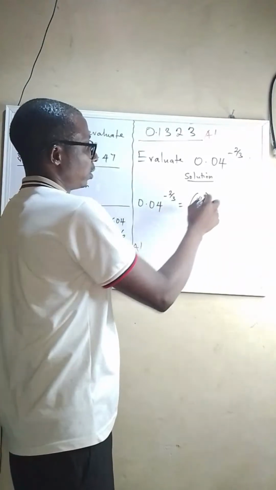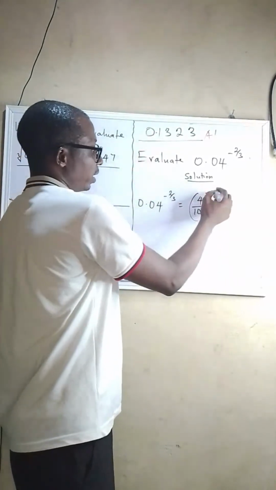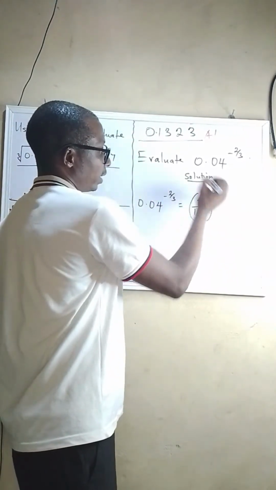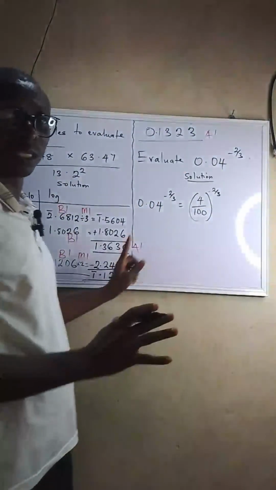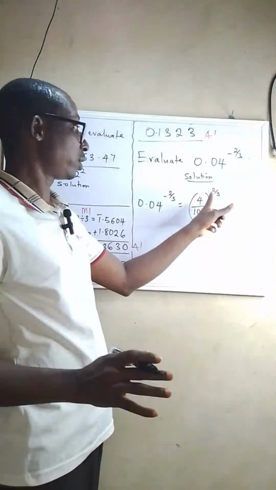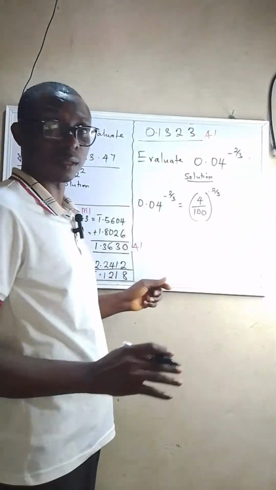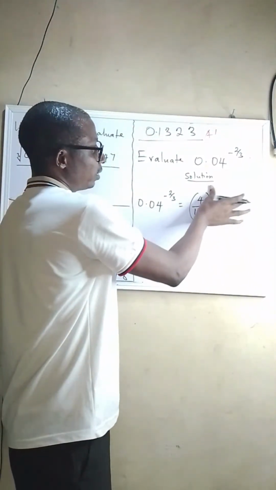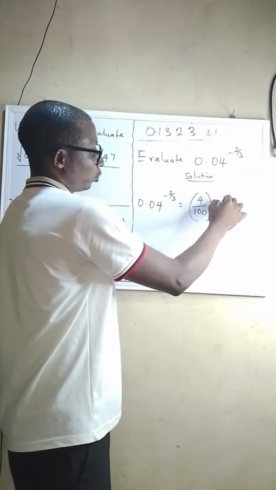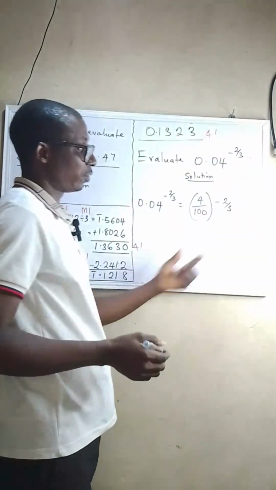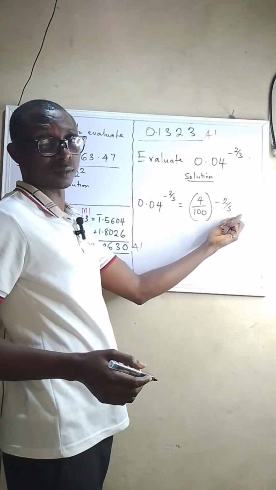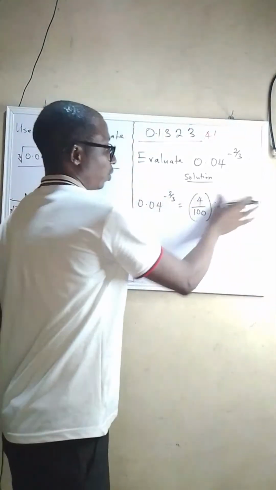Raised to the power, you put this power here, -2/3. Now you have to be careful the way you place your power, because I've seen students writing it in this way, 2/3. If you write it this way, it means something else. You should put it at the top.